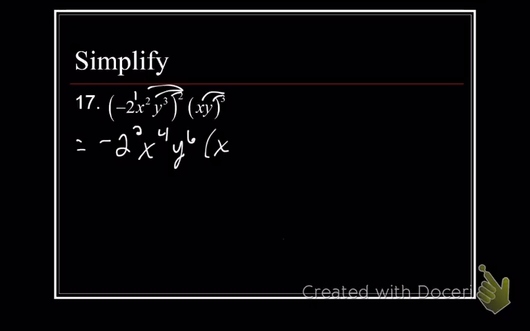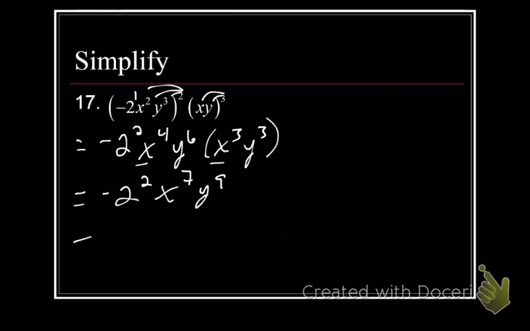And we get x to the 3rd, y to the 3rd. Now, with your like bases, we want to add those exponents. We get negative 2 squared, x to the 7th, y to the 9th. And then I can go ahead and multiply out my numerical bases. Negative 2 times negative 2 is 4. And so you end up with that.